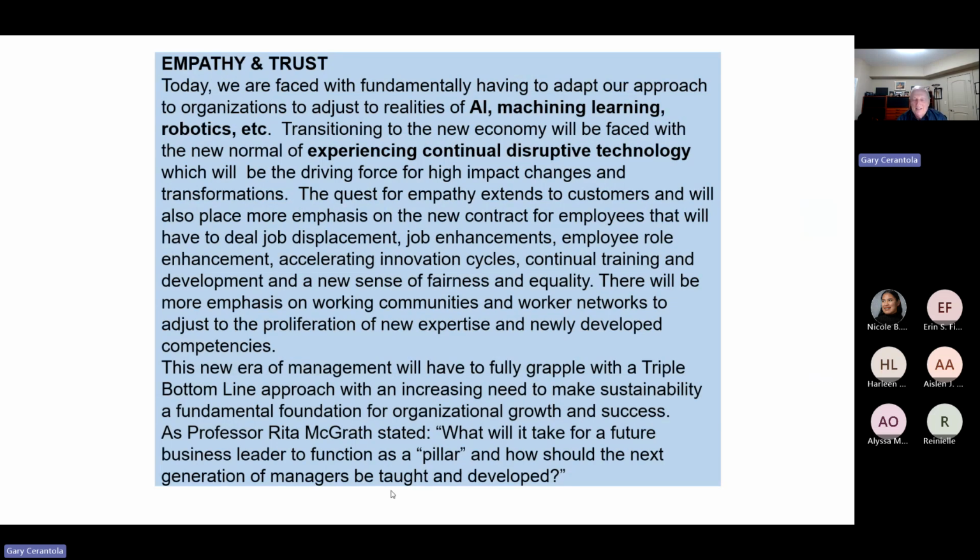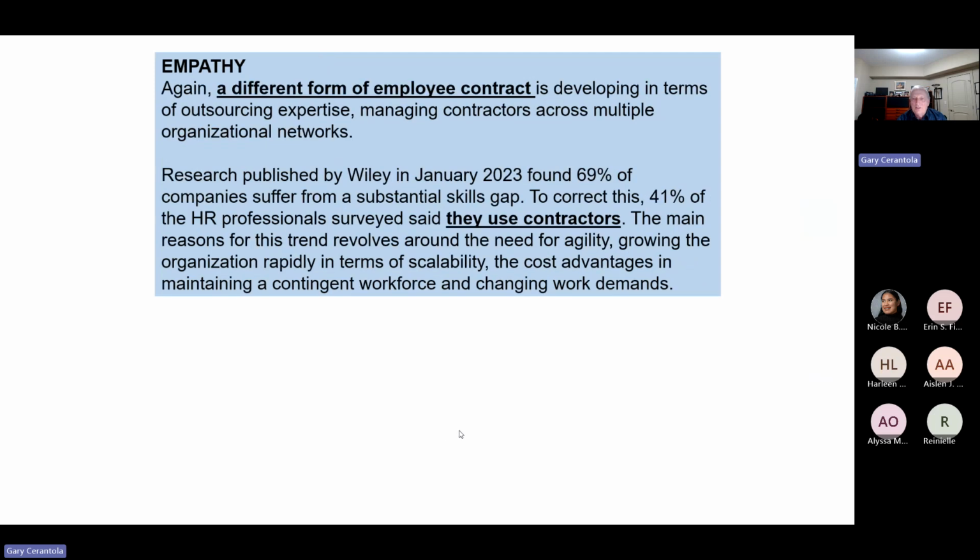And that's what's key in doing what we need to do. Empathy is like a different employee contract. Now we're looking at, from a triple bottom line, how are we impacting society? How are we engaging the worker so that the worker feels they are doing meaningful work and feels part of the shared vision?